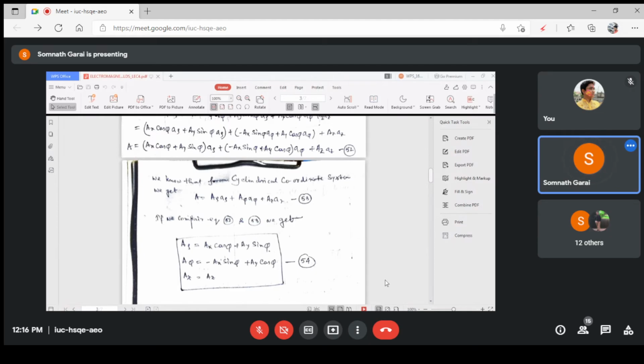But you have to remember one important matrix relationship between these two coordinate systems, right?